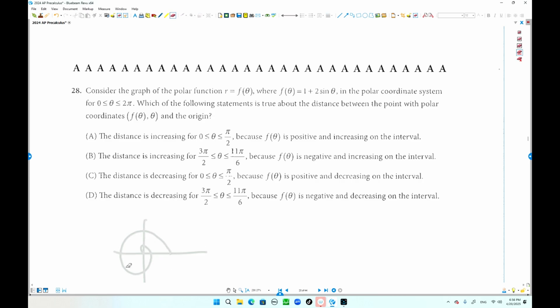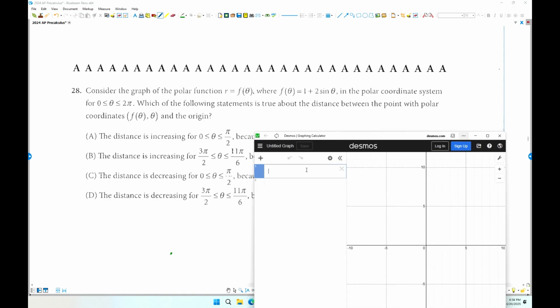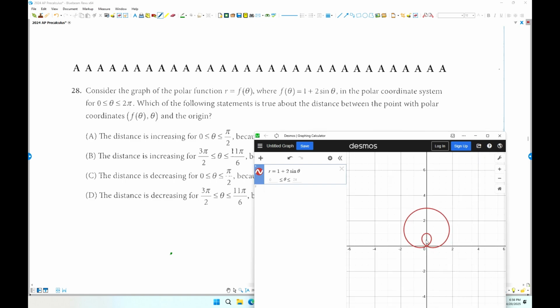Okay. I'm going to show the graph over here, okay? This is R value equals 1 plus, there's the root there, okay? You can see that. Plus sine theta, okay? That's the root here, right? Okay, that's the correct one.